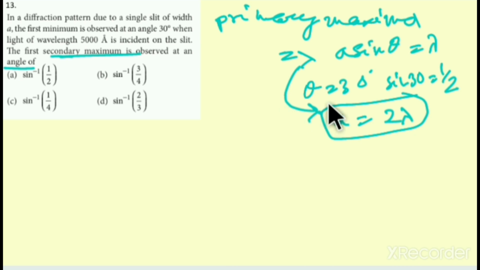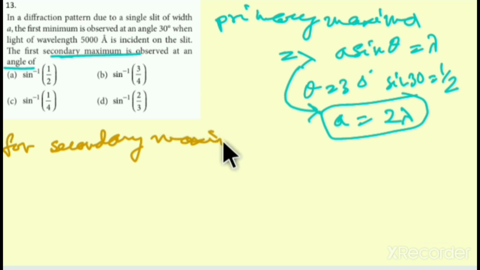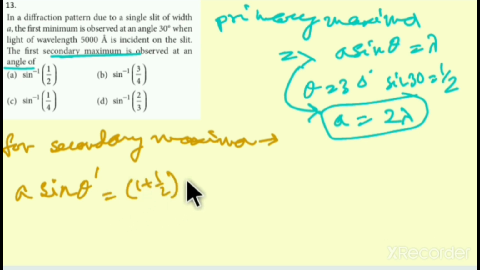Now for the secondary maxima, we have to calculate the angle, let the angle be theta prime. It will be equal to 1 plus half, as it is the secondary maximum, times lambda.